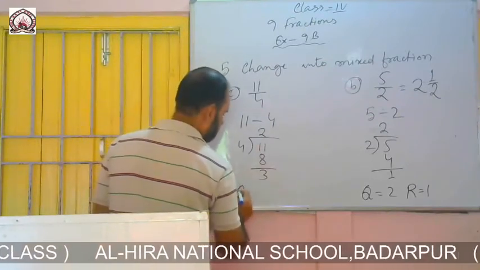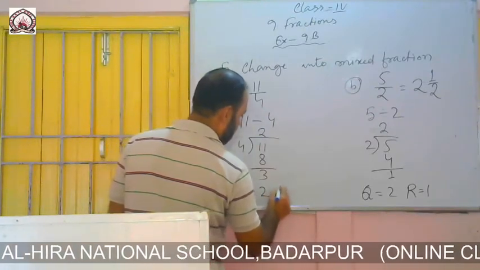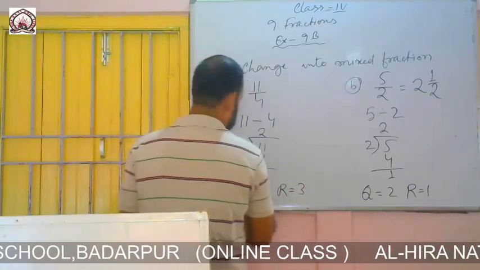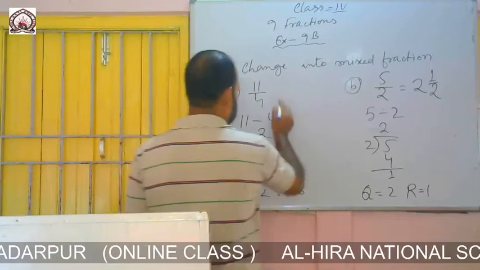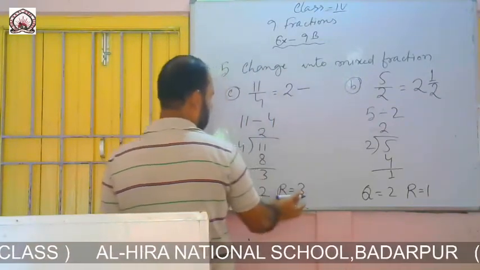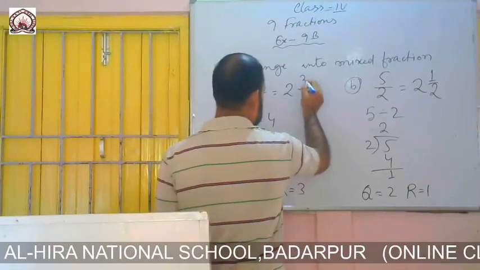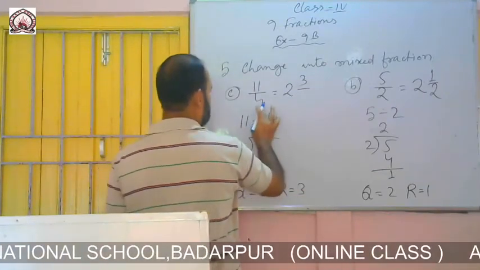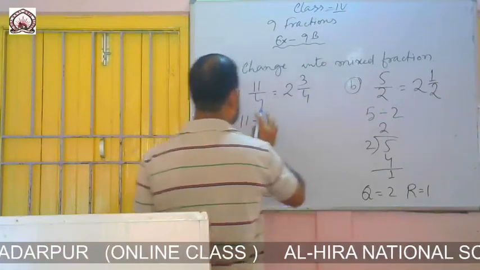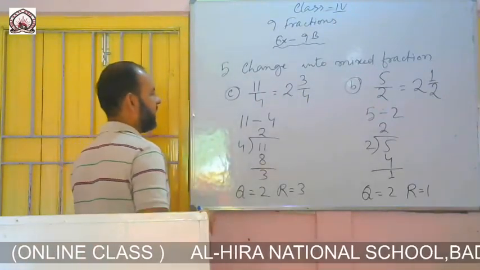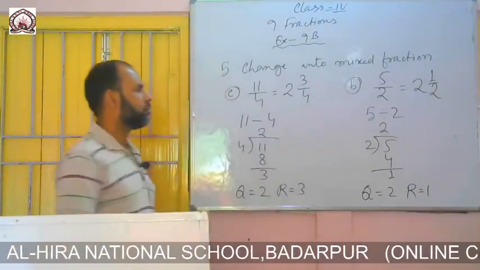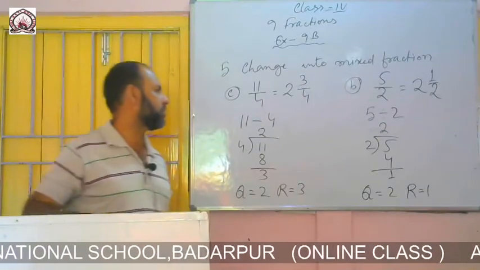So Q equals 2, R equals 3. The mixed fraction will be 2, remainder 3 as numerator, and the denominator 4, which always remains the same. So the mixed fraction is 2 3 by 4.